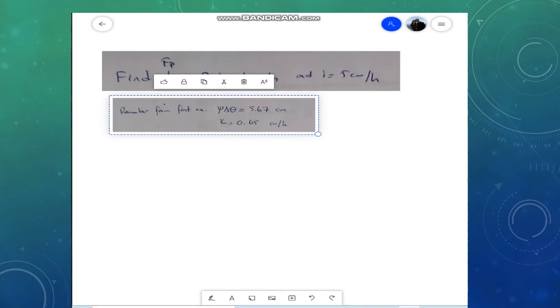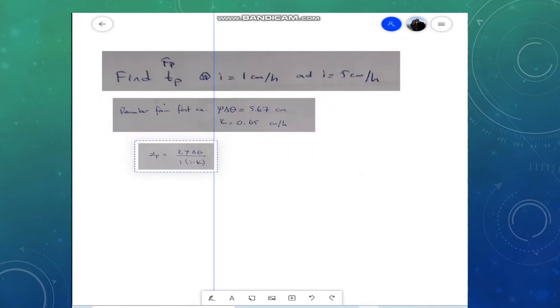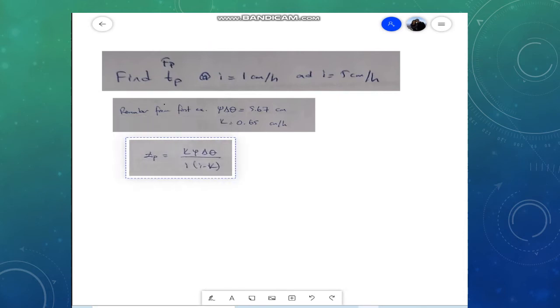Ponding time, when we apply these parameters into the ponding time equation, which is hydraulic conductivity multiplied by psi delta theta over intensity of rainfall multiplied by intensity of rainfall minus hydraulic conductivity. For the first one, let's try intensity of 1 centimeter.